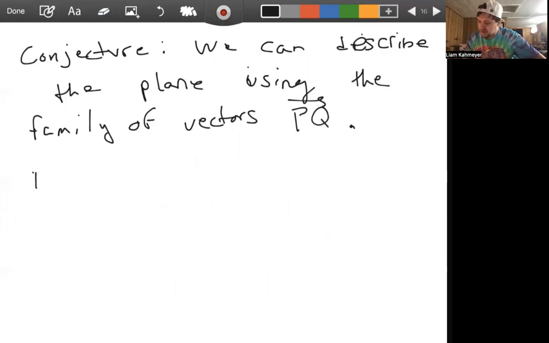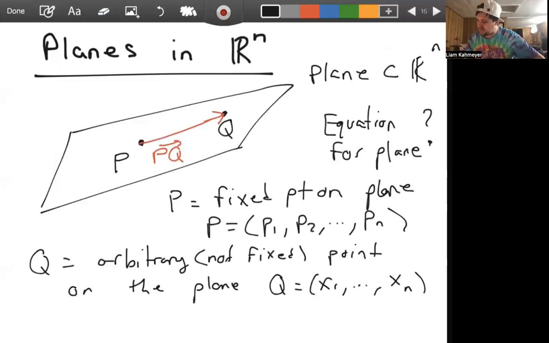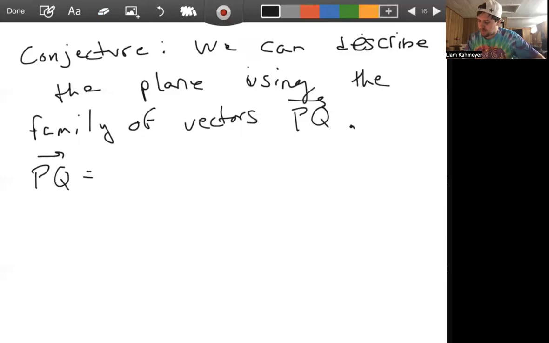I mean, in a sense, we can say what these vectors are. Well, if P is the point P1 through Pn and Q is the point X1 through Xn, then we can write that PQ is the vector X1 minus P1, X2 minus P2, et cetera, Xn minus Pn.